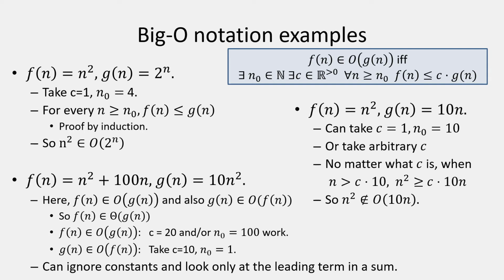Or maybe even c equals 1, but n0 equals 100: you will see that the first function becomes kind of 2 times n squared when n equals 100, when g is 10 times n squared.